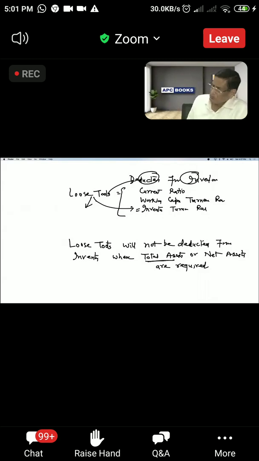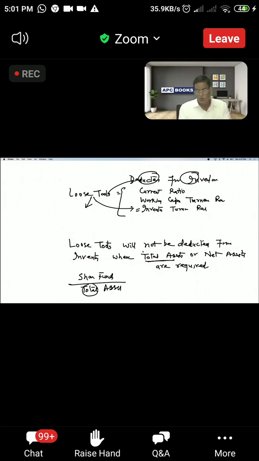For example, proprietary ratio. What is the formula of proprietary ratio? Shareholders' funds upon total assets. When total assets are used, loose tools will not be deducted from inventory.